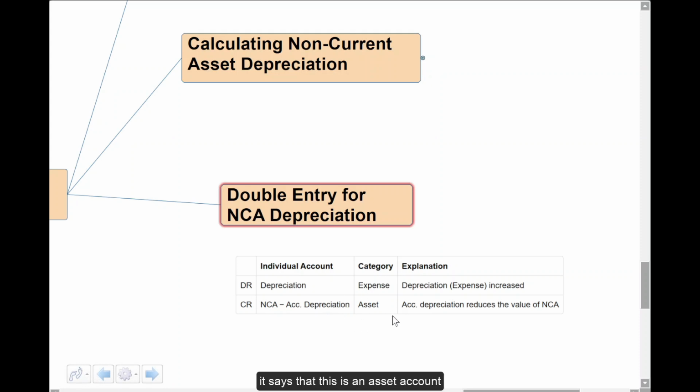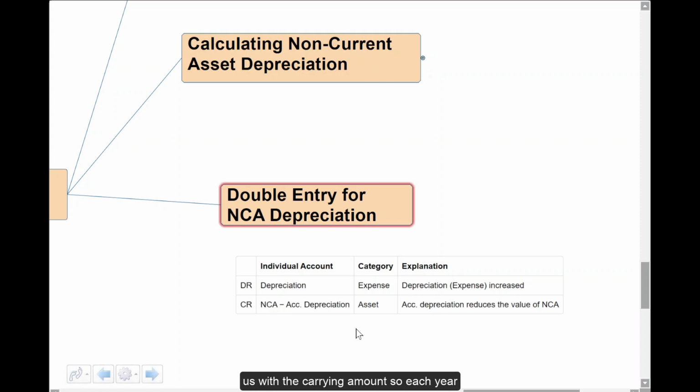Now, credit side, credit NCA accumulated depreciation. Now, it says that this is an asset account. Strictly speaking, it is, but it's more a sort of offset asset account. And what I mean by that is, as you saw with the diagram up top, this sits offset the NCA cost account to provide us with the carrying amount.